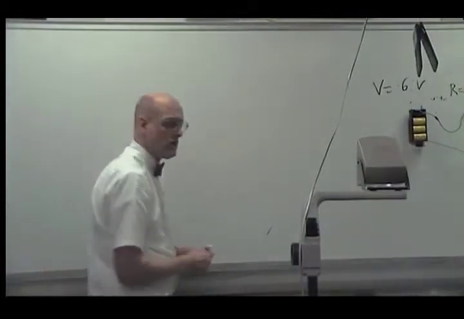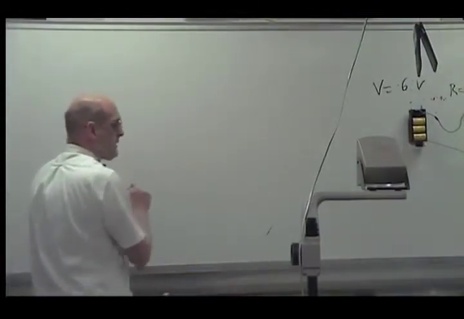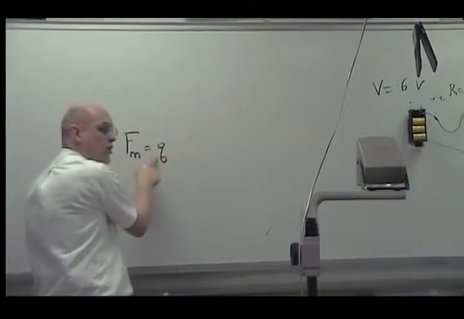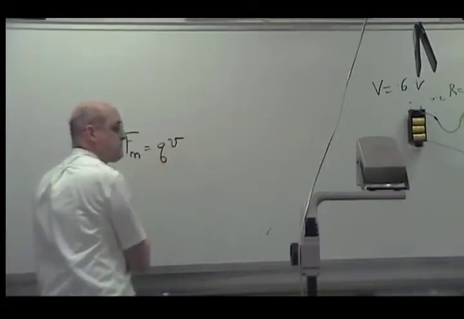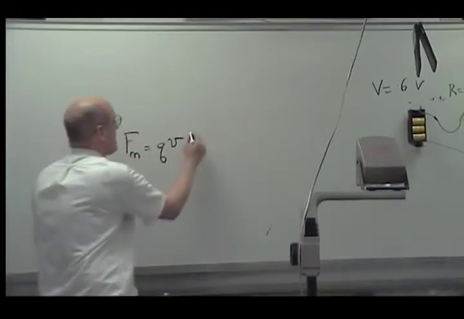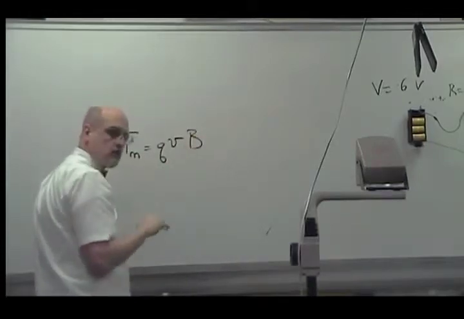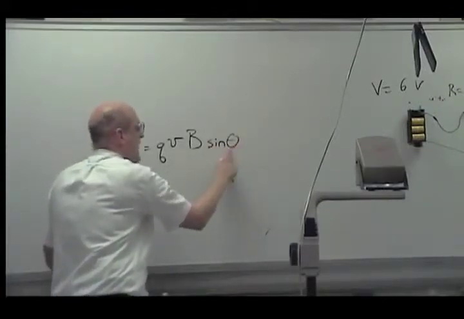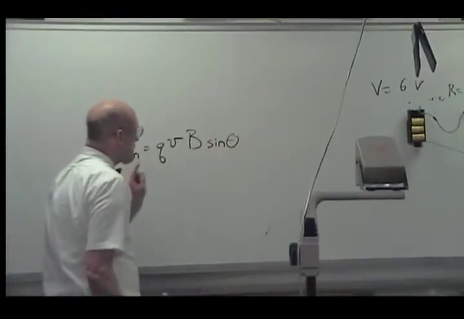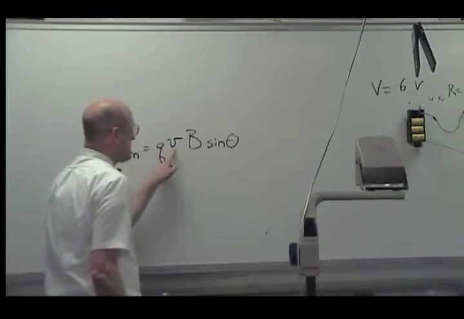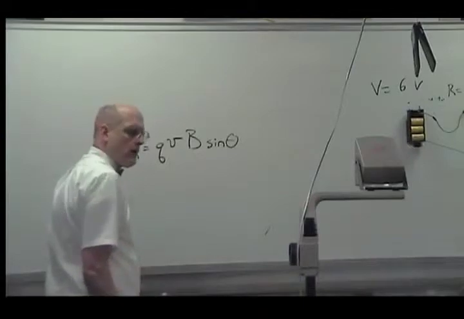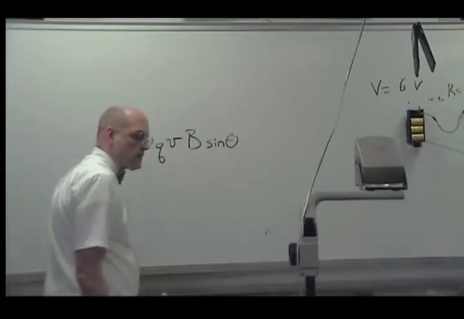Now there's an equation so that you can get some numbers. The magnetic force is equal to the charge multiplied by the speed, multiplied by the magnetic field strength, B, multiplied by the sine of the angle between the direction of the velocity and the direction of the magnetic field, which could be anywhere from 0 degrees to 90 degrees.